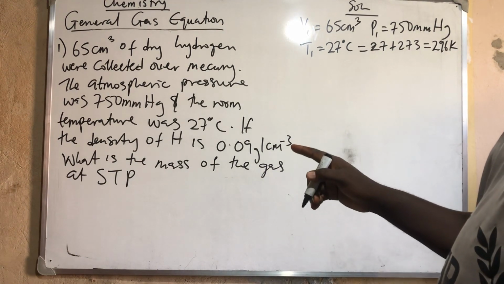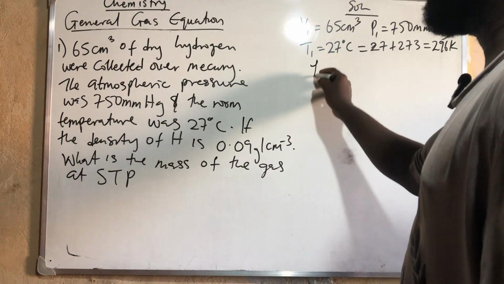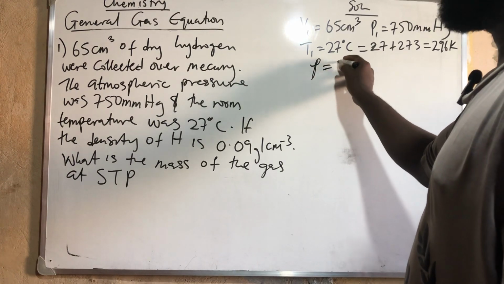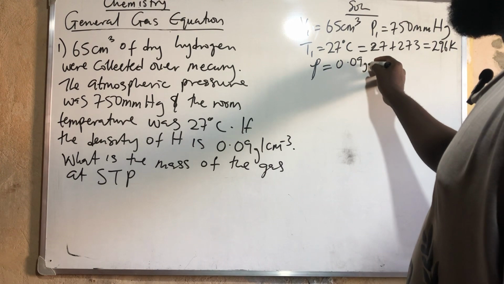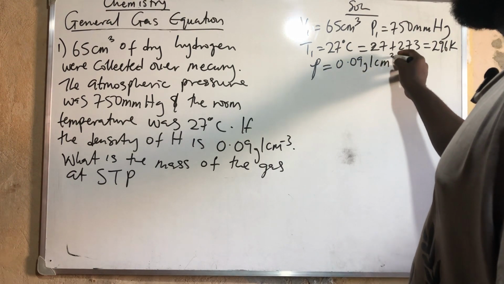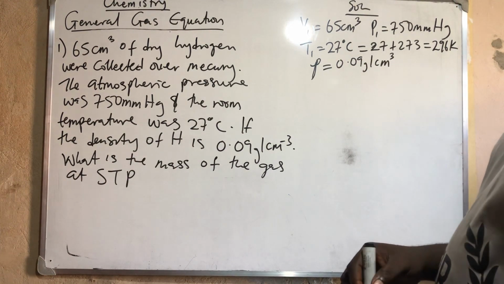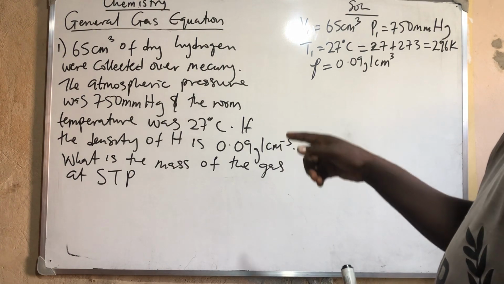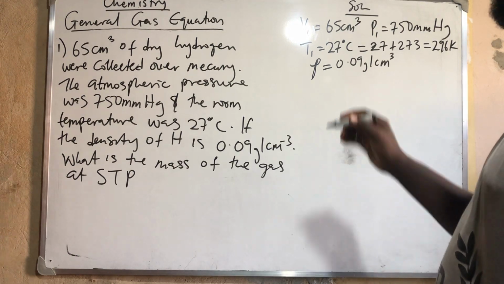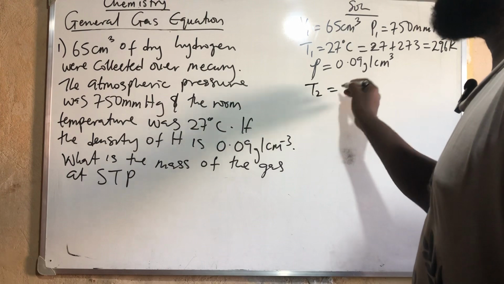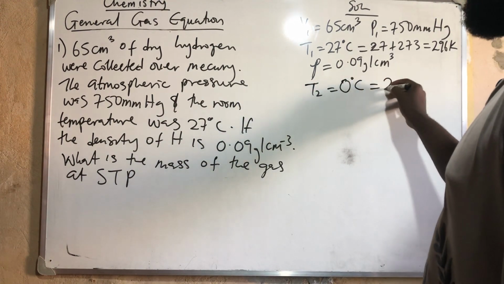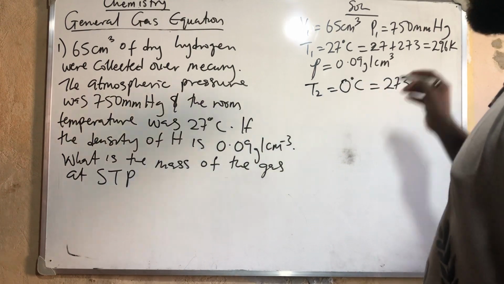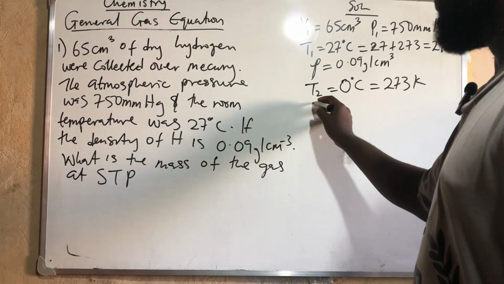Now the next thing they gave us is the density, rho is equal to 0.09 gram per cm cube. But they said at STP, so T2 is my standard temperature, which is 0 degrees Celsius, the same as 273 Kelvin. The next thing is the standard pressure.